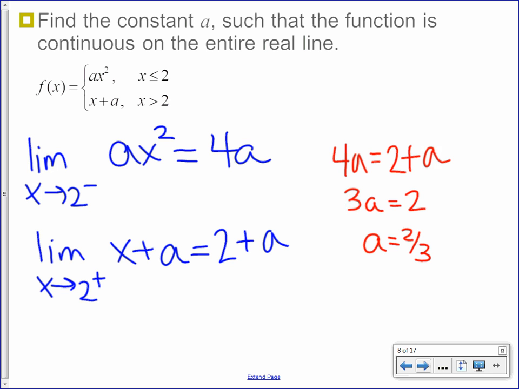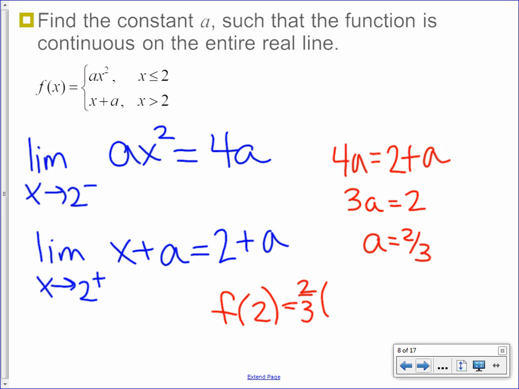So, okay, now let's check. If I evaluate f of 2, because we need to have a value there, we would plug 2 in for x. So it'd be 2/3 times 4.